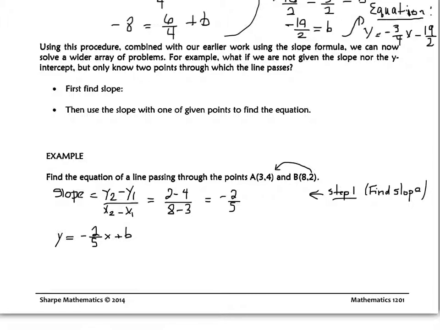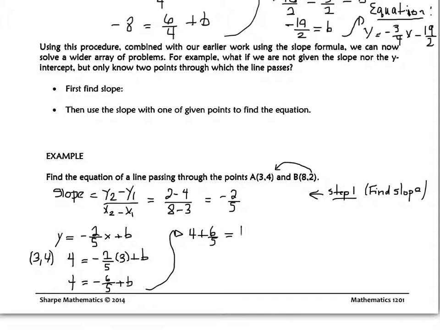And step 2 would be to take your point. I'm going to pick the first one, 3, 4. You can pick either one of them because they're both points on the line, and then you just solve the equation with the y substituted with a 4, the x gets substituted with a 3, and then that gives you 4 equals negative 6 over 5 plus b, which is going to give you 4 plus 6 over 5 equals b.